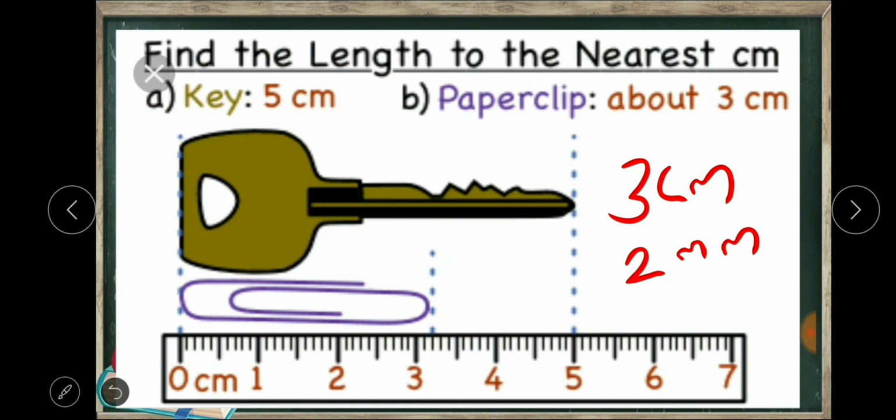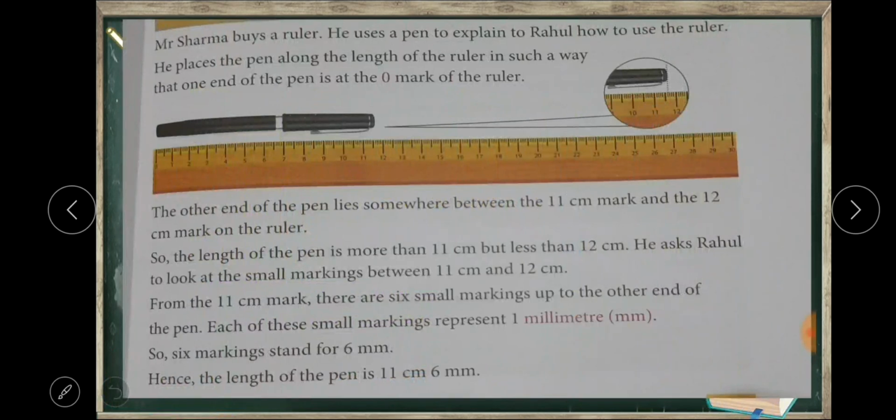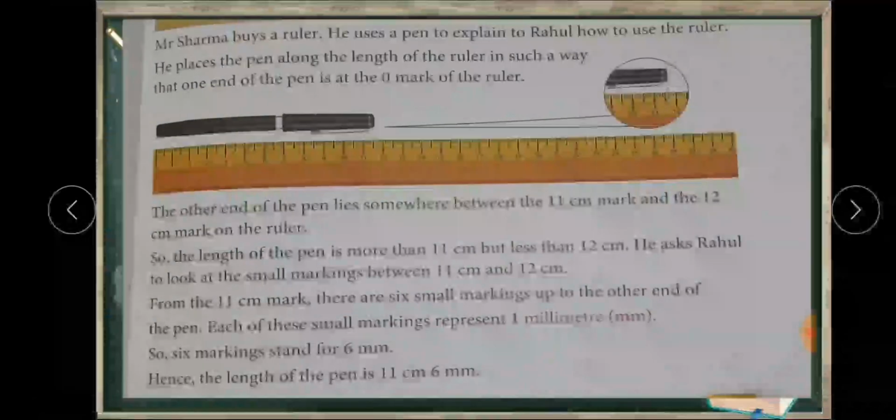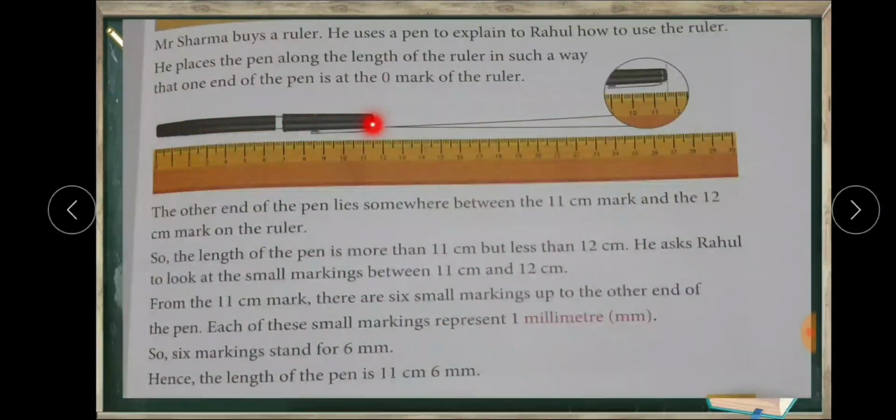Okay, children. Next example. It's a pen, and the length of the pen starts from 0 and ends, you can see here, at 6 points after 11. These 6 small lines represent millimeter.